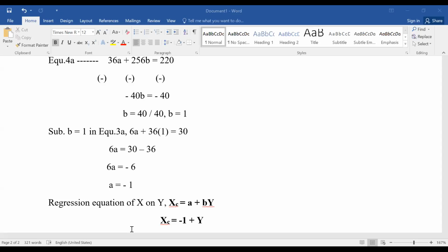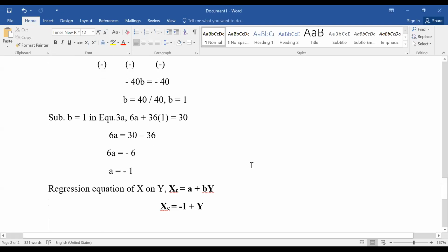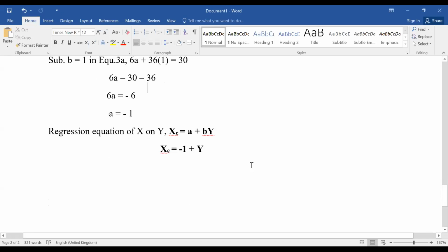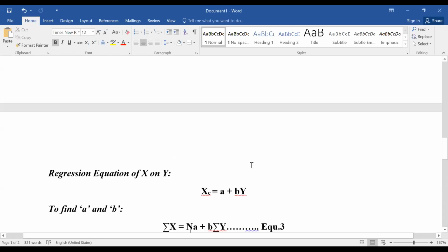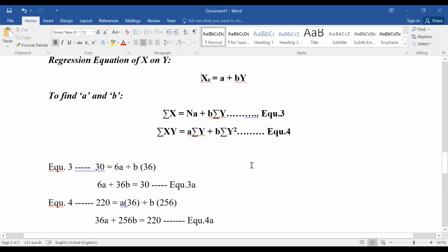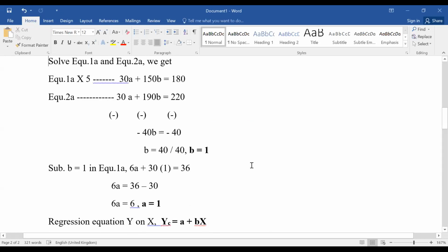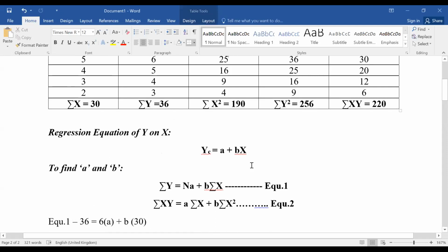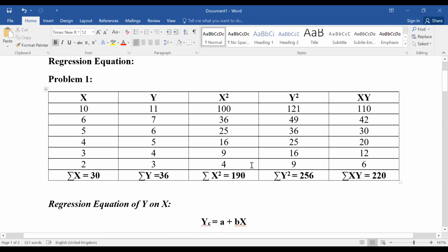And please kindly reply also. Done. Now everyone is done. So with this, the first problem is over. We got the regression equation of x on y, and the first one, regression of y on x, we also got. So in the first problem, we got the two regression equations. Like that you need to do.